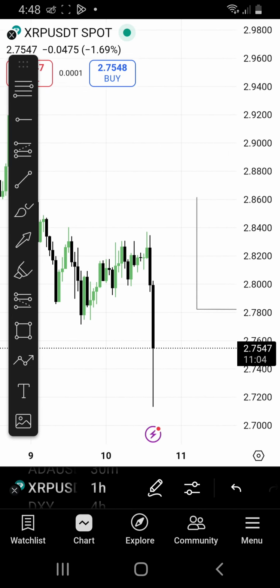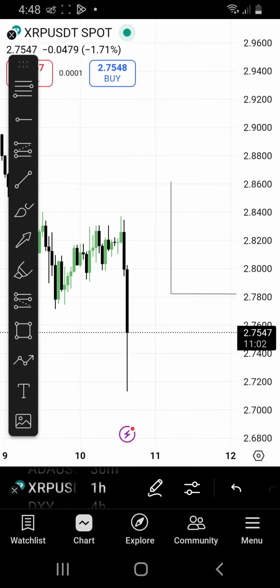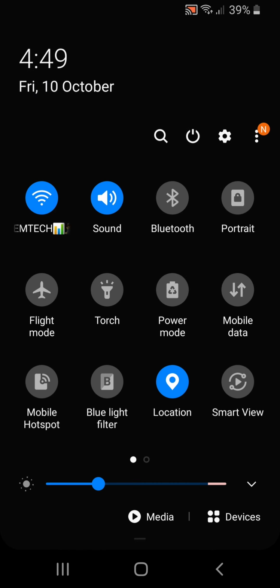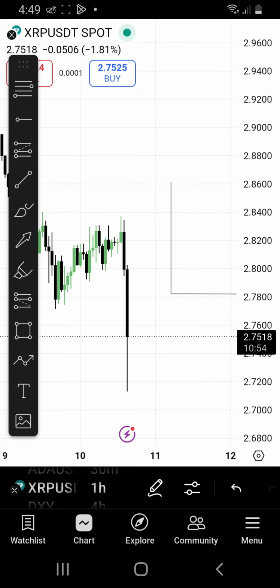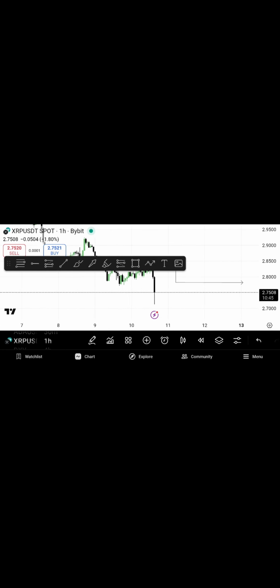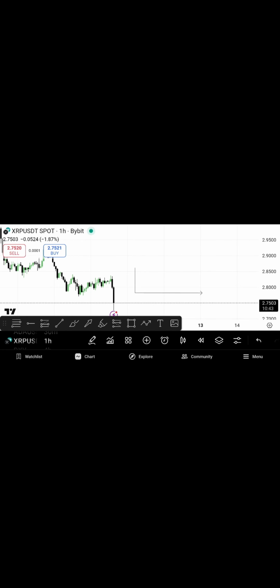Let me make my screen portrait so that you can see it more. Like I'm saying, the chart is moving vertical and horizontal.